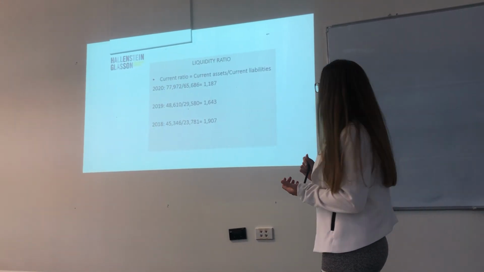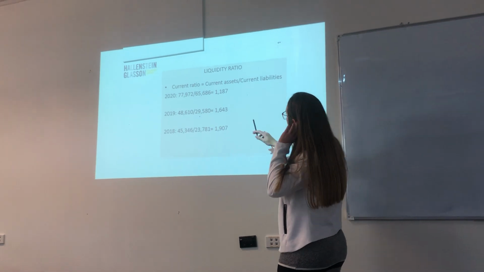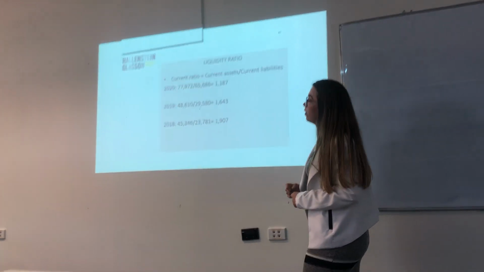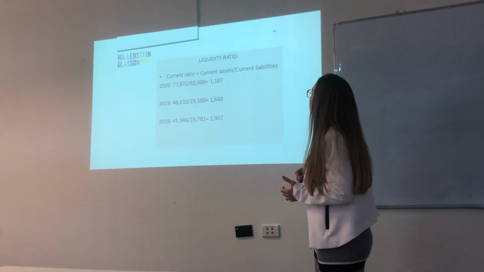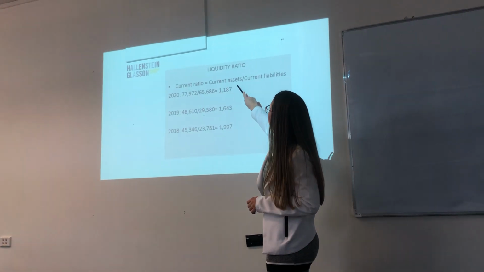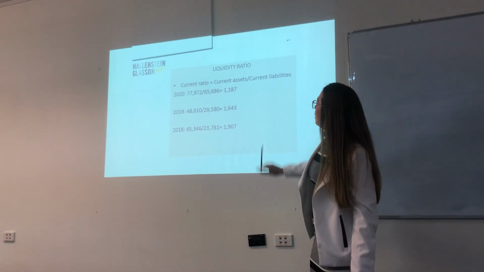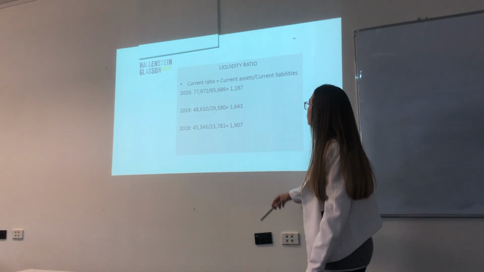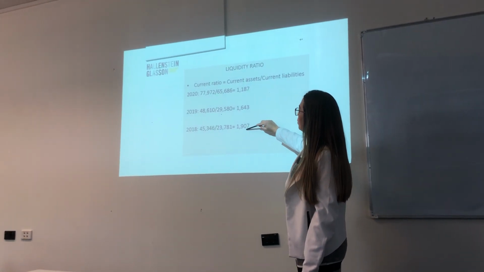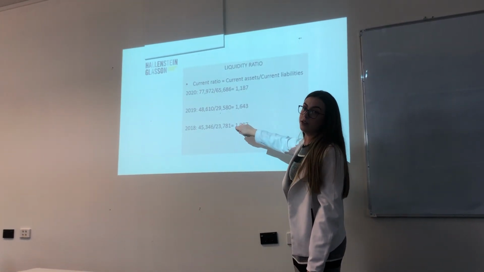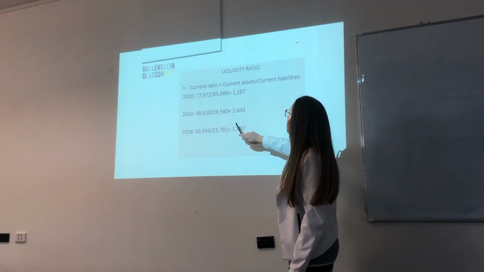About the liquidity ratios. The first one is the current ratio, which means the working capital. It is the current assets divided by current liabilities. They're good because it's more than 1, which means it's good.